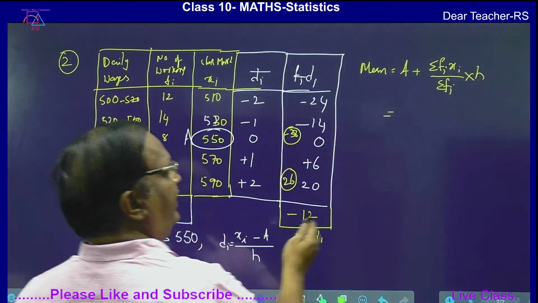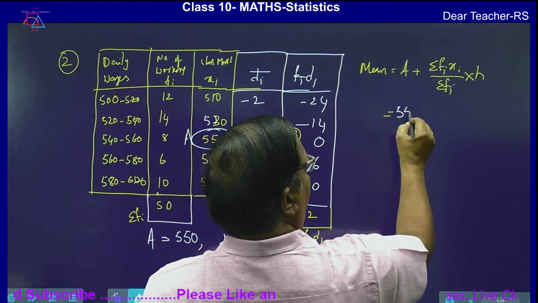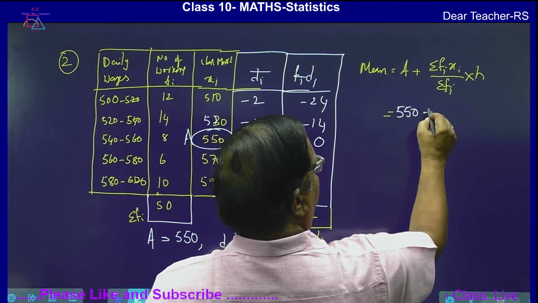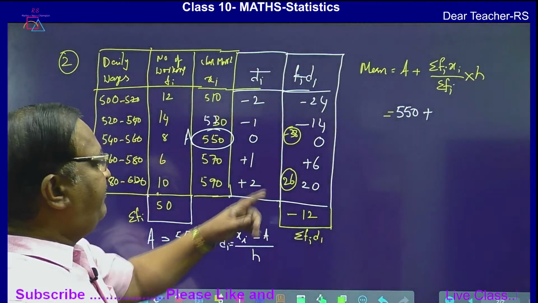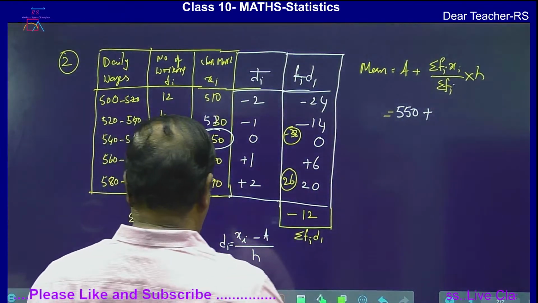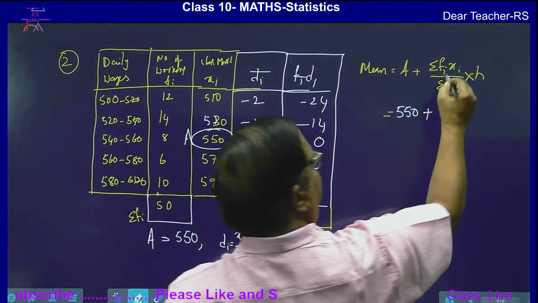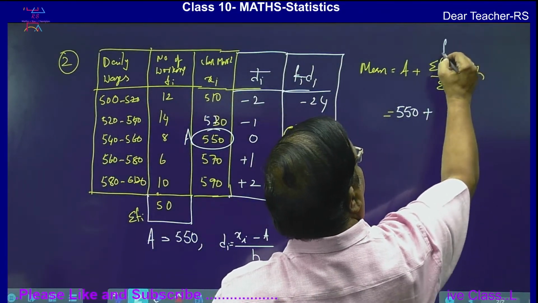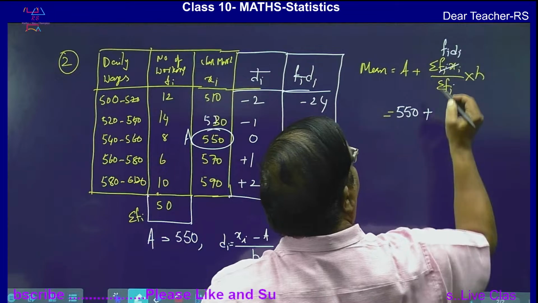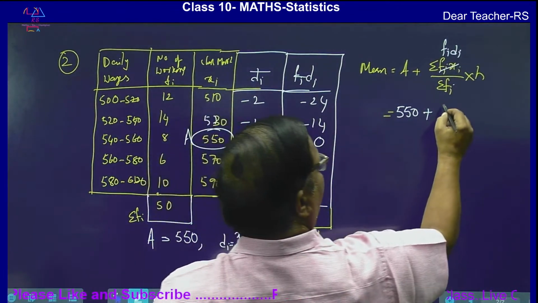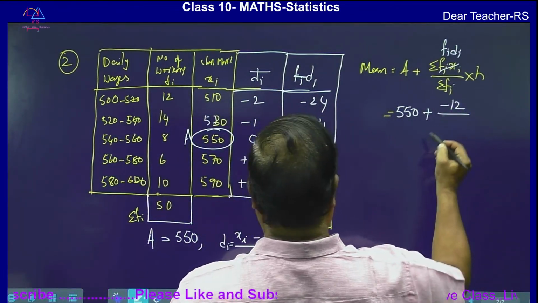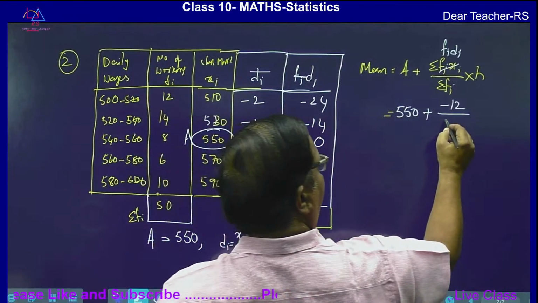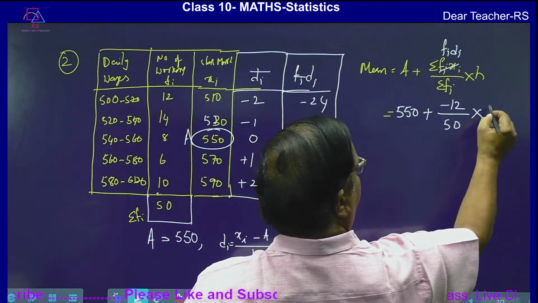Assumed mean 550, plus sigma fi di, I am sorry, here I should write fi di, so minus 12 by sigma fi 50, into height 20.